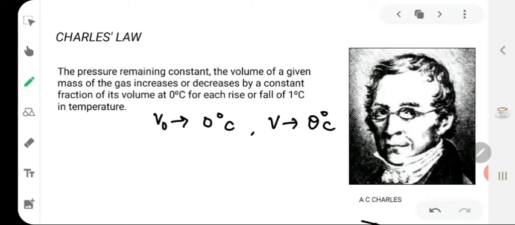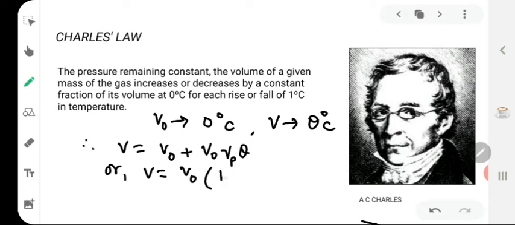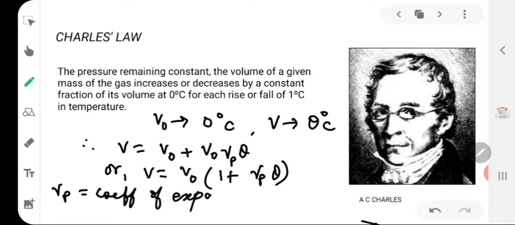Then according to Charles' law, the volume of the gas at theta degree Celsius is given by V equal to V0 plus V0 gamma P times theta, or we can write down V to be equal to V0 taken out as common, 1 plus gamma P times theta, where gamma P is the coefficient of expansion of gas at constant pressure.